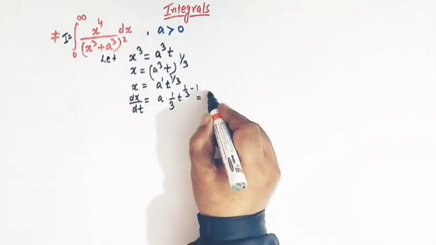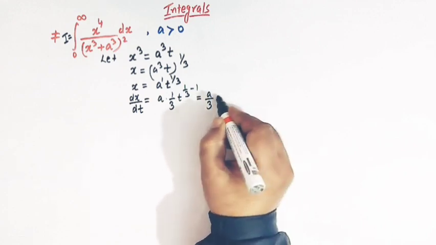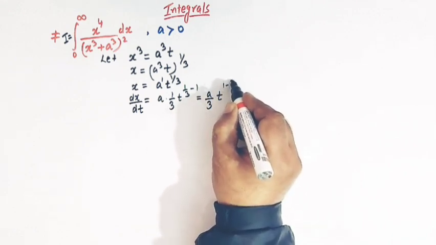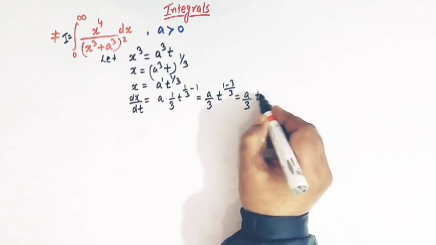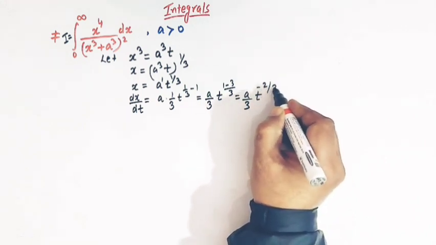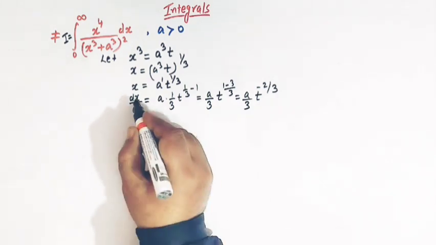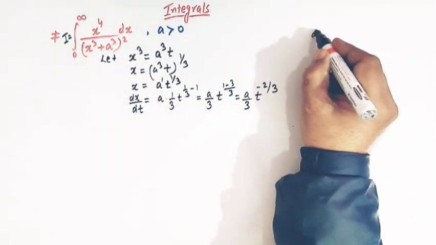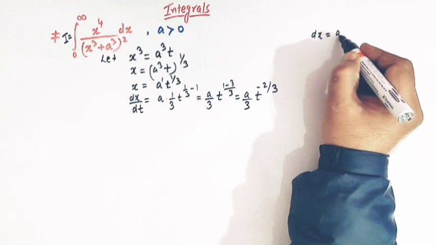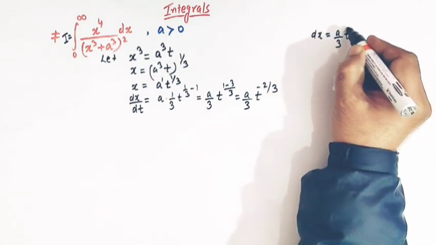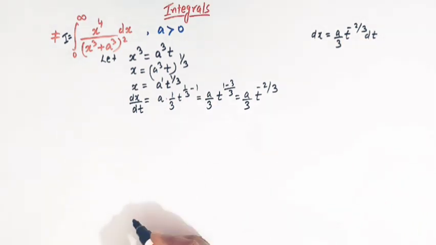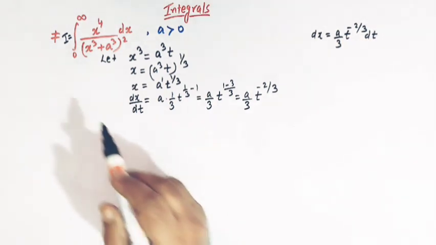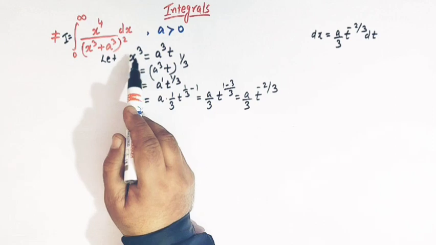So we can write it as a over 3 t raised to 1 minus 3 over 3, that is, a over 3 t raised to minus 2 by 3. So dx can now be written as a by 3 t raised to minus 2 by 3 dt.